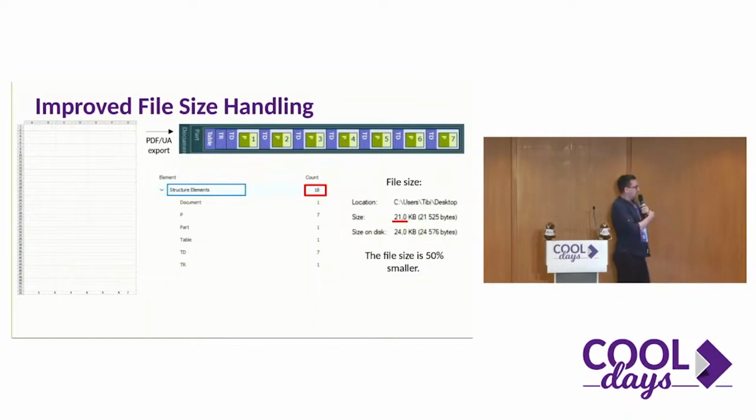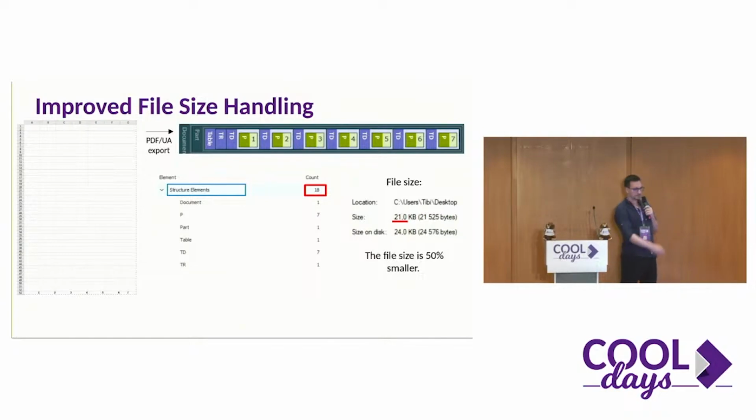And what if we don't export a lot of empty cells? Now the exported PDF file contains only 18 structure elements instead of 400, and the file size was also reduced by half.